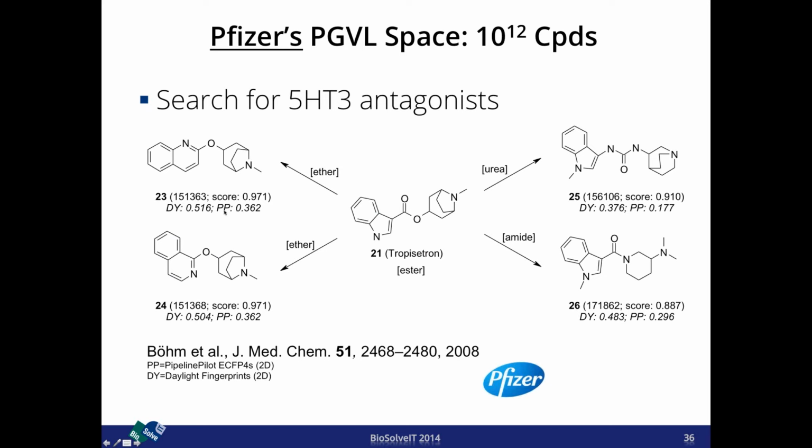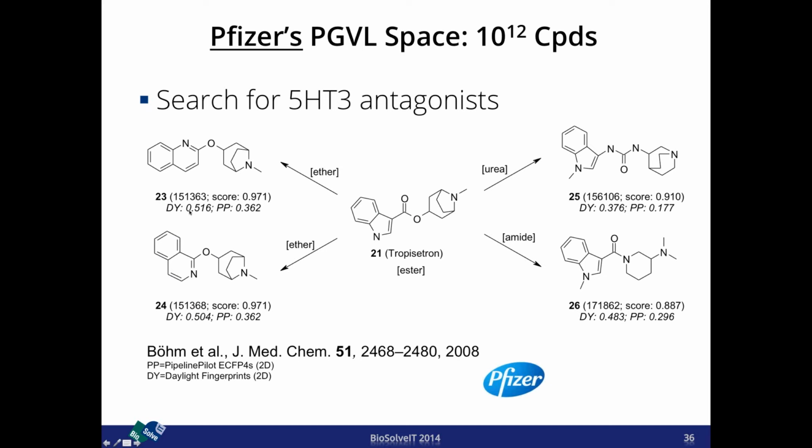DY stands for Daylight fingerprints, PP stands for Pipeline Pilot ECFP4s. And what you see is that the feature tree score is relatively high, 0.9, which is close to 1. So it's a very similar molecule for a feature tree. But it's not so similar for the Daylight fingerprints and for the Pipeline Pilot fingerprints. Again, repeating what I said before, it doesn't mean that feature trees are better than other things, but they look very differently at the world.